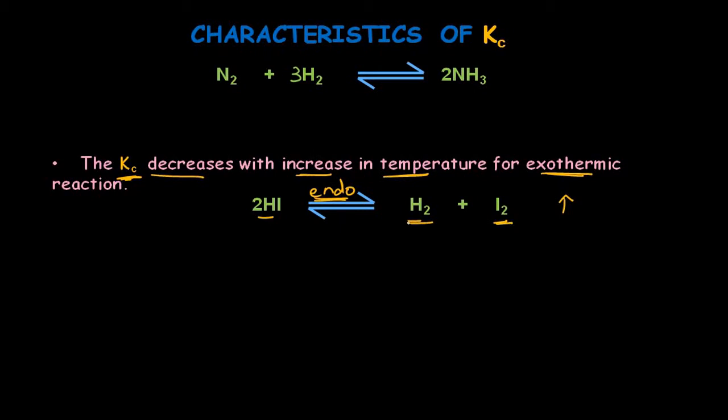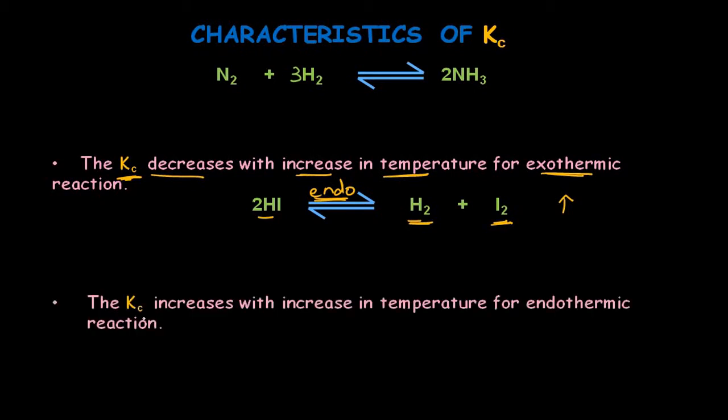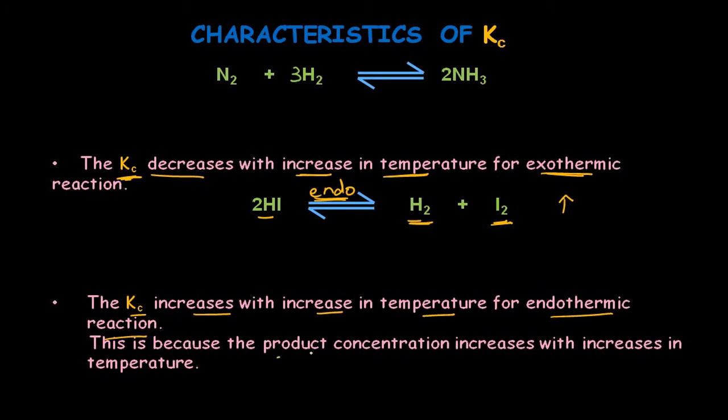So if the amount of product has increased, then the Kc value should also increase. That's the reason that Kc increases with increase in temperature for endothermic reactions, because the product's concentration increases with increase in temperature for such an endothermic reaction.